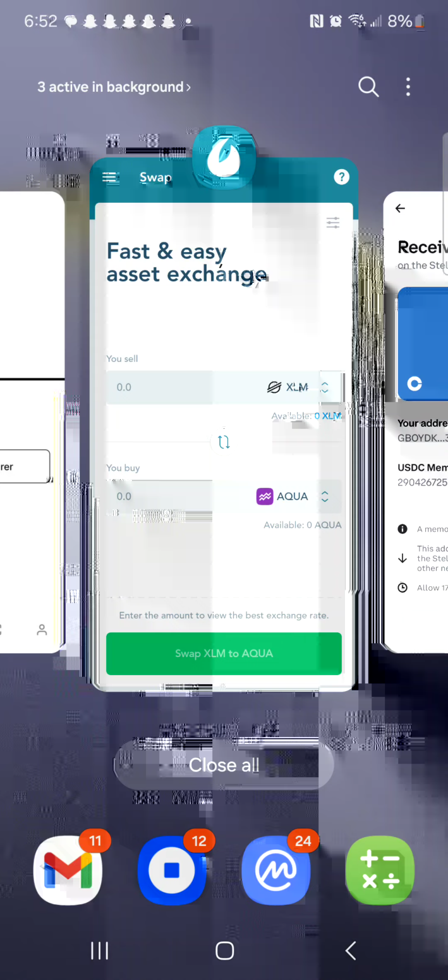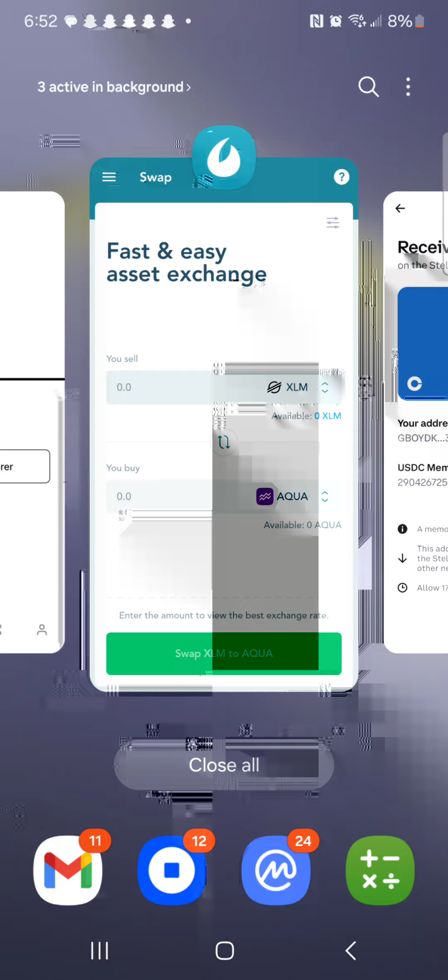Remember this right here? This is Lobster Wallet and Stellar. Lobster Wallet again is owned by MoneyGram, so you know who's working with who. Brinks, all of that. Brinks is a lot of different things.